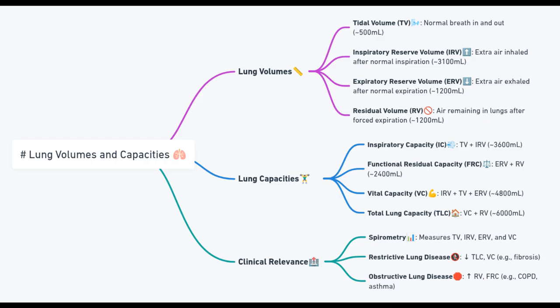So let's look at another example where you have your forced expiratory volume in 1 second being 2.35 as compared to the lower limit normal being 2.41. So it's reduced.